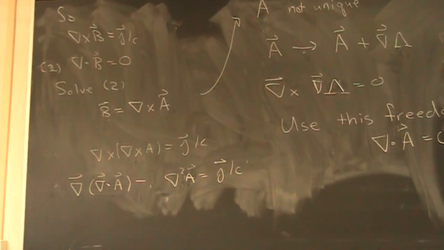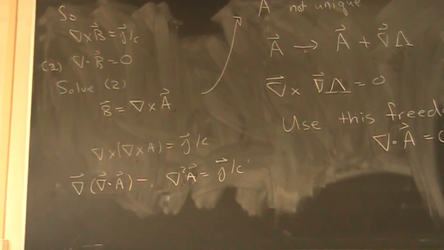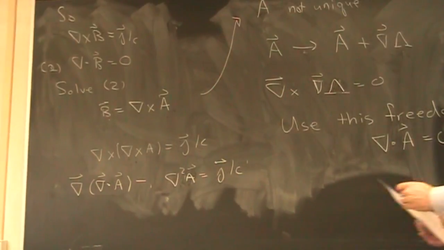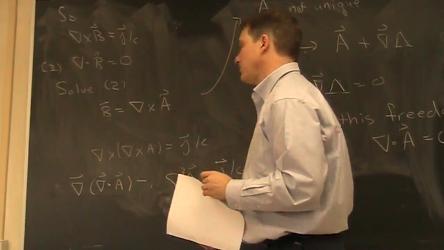Okay, so now I've eliminated it. I can eliminate this term by choosing the Coulomb gauge. I don't have to choose the Coulomb gauge, but it's a convenient one here because this term is ugly and this term is not so ugly.